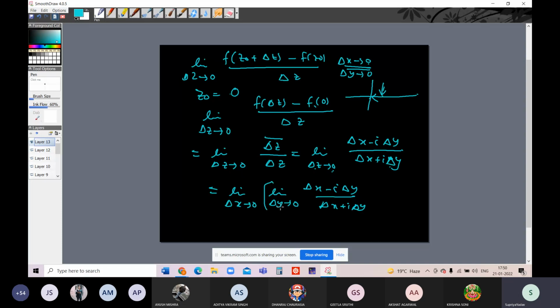So first taking this limit, delta y approaching 0, it will give us the value 1. But if we choose the other path, first delta x tending to 0, then delta y tending to 0, we are choosing a path like this.